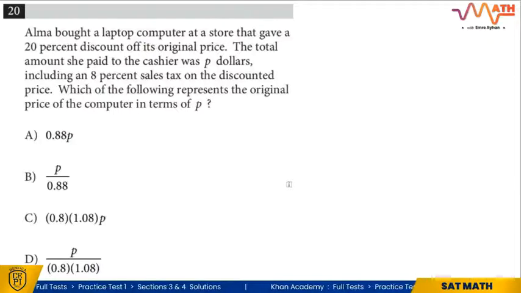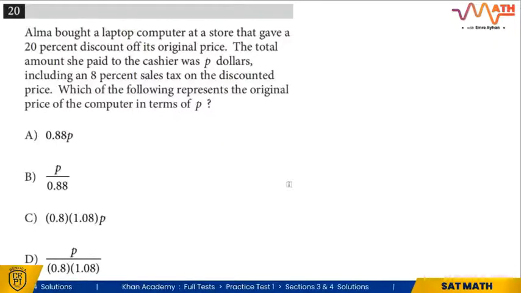Question 20. Alma bought a laptop computer at a store that gave a 20% discount off the price. The total amount she paid, including sales tax and discount.